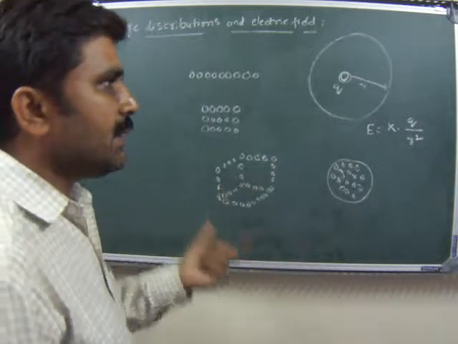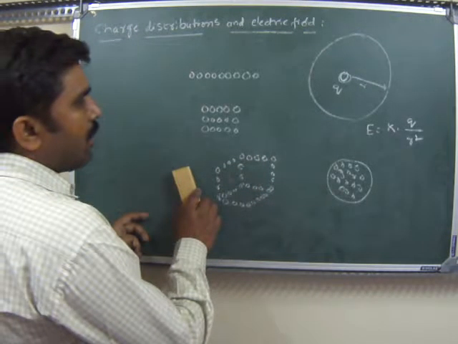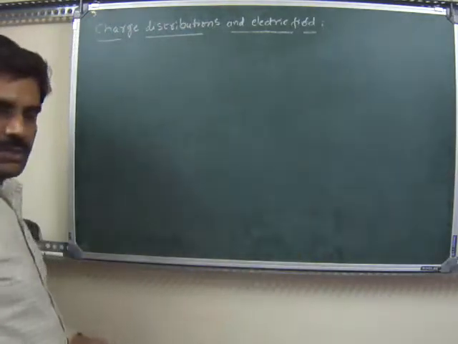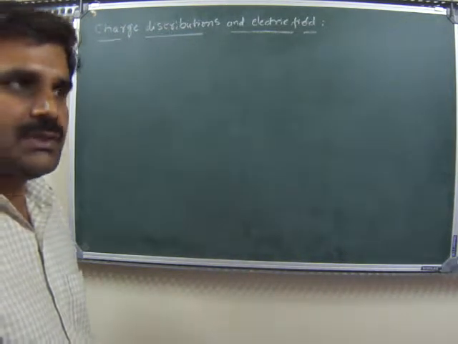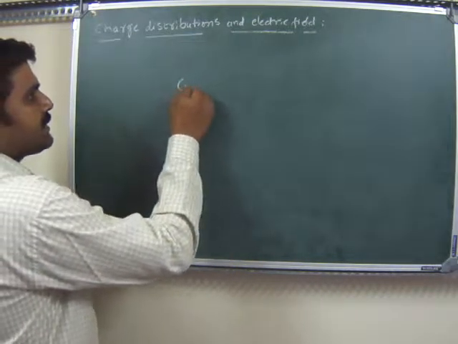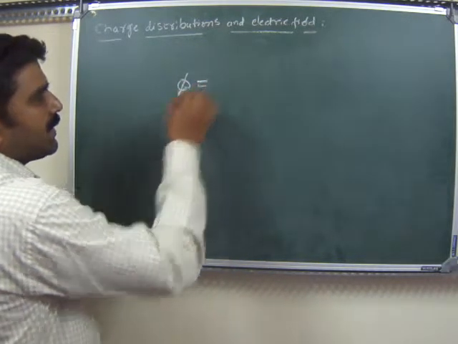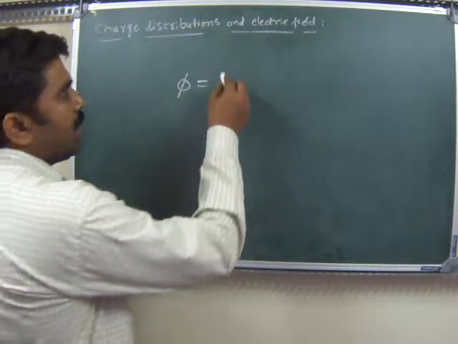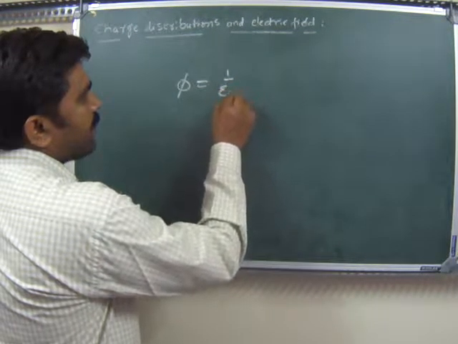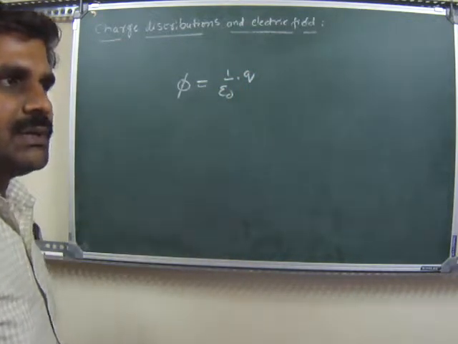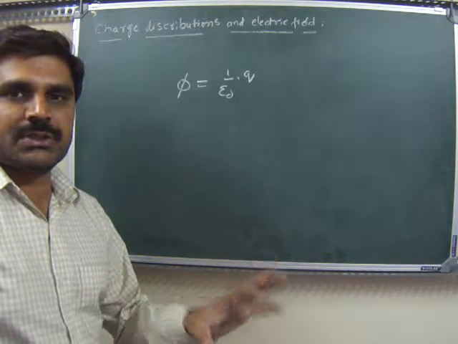So for that type of distributions, Gauss gave a law, which states that the flux passing through a charge distribution is equal to 1 by epsilon naught times the total charge existing on the distribution.